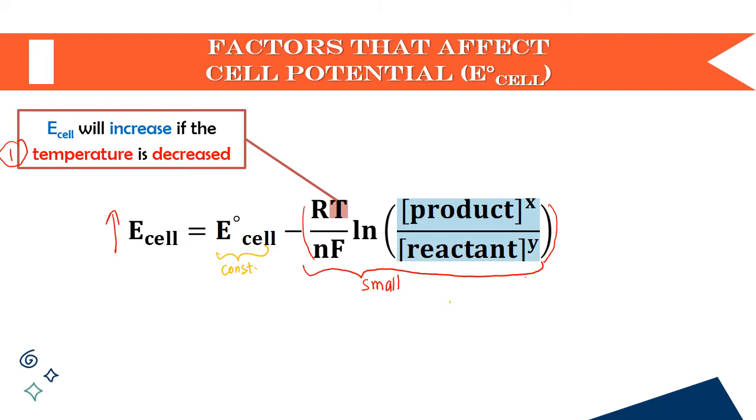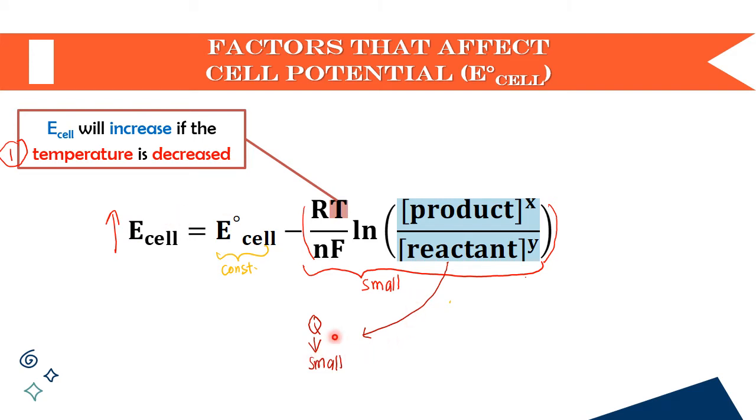The overall value, so this is your Q. The value of Q must be small. If the value of Q is small, the overall value for this will also be small, so I can maximize the value of E cell.